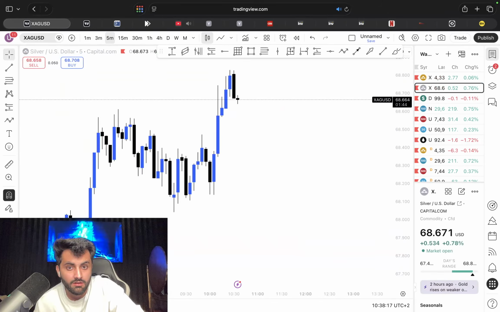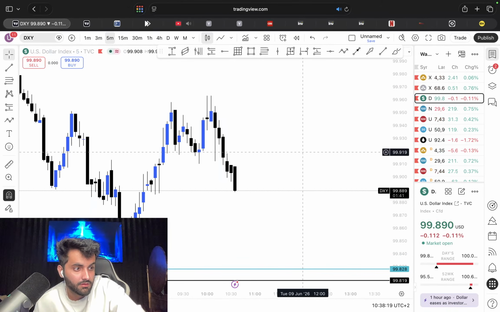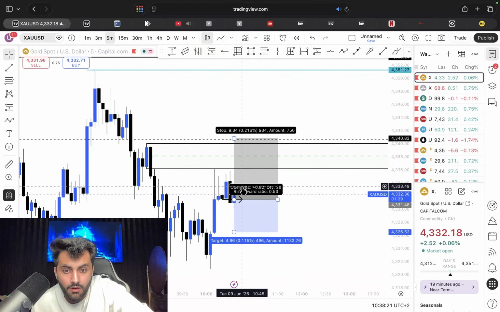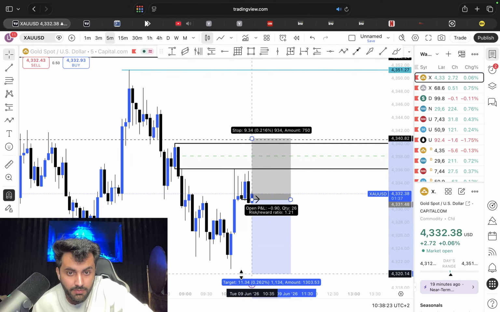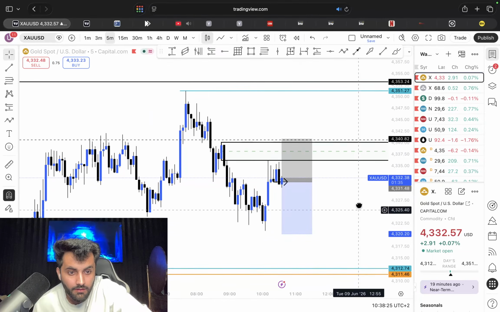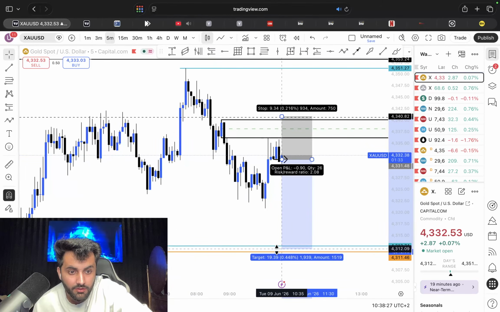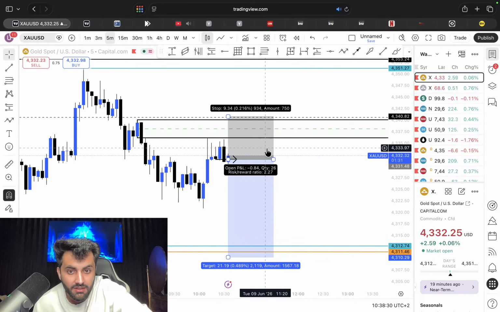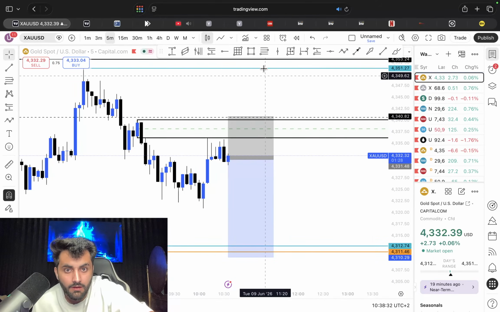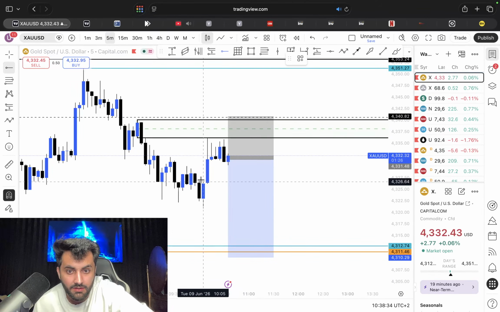Look at DXY. Okay, let's see what happens. Marking TP1, TP2, TP3 live for you guys. That's TP3. TP1 is here.